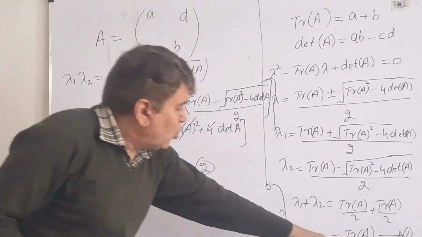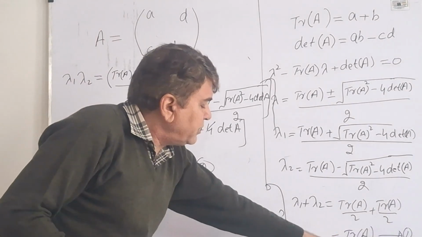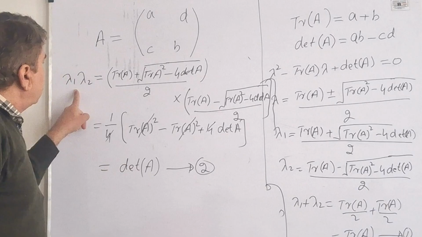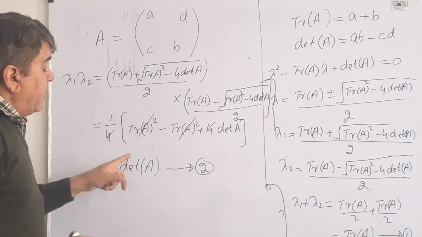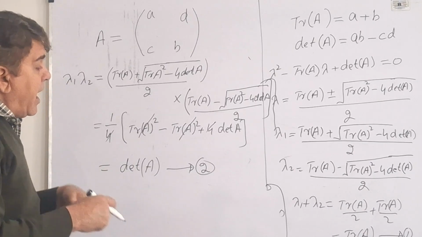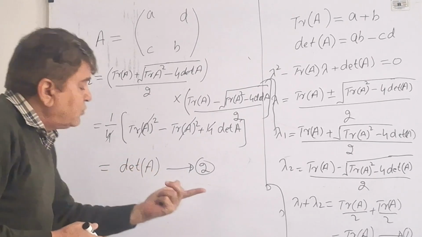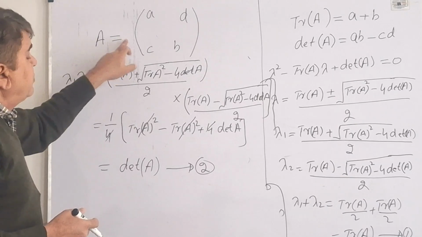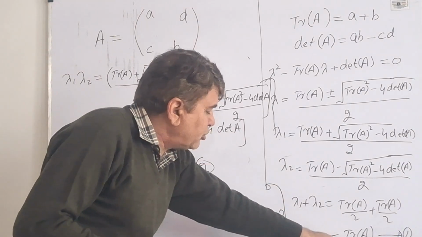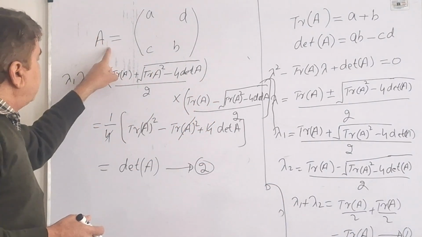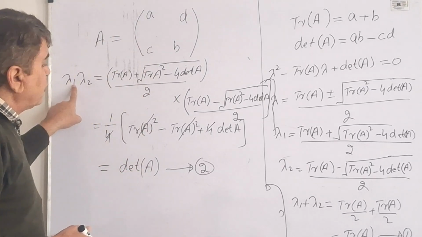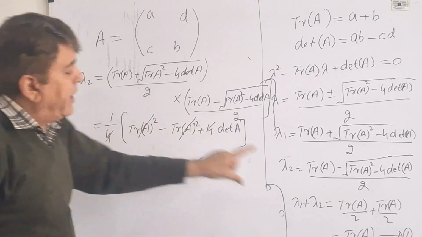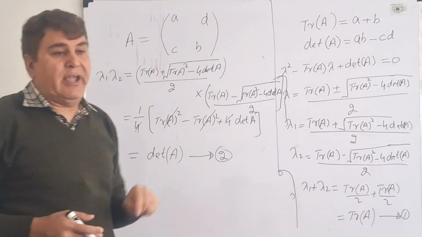So equation 1, the sum of eigenvalues equals the trace of A, and equation 2, the product of eigenvalues equals the determinant of the matrix A. Now we have two equations. If we know the matrix, we can find the trace of A to put that over here, and then we can find the determinant of A to put that value over here, and then we can solve equation 2 and equation 1 to find the eigenvalues.